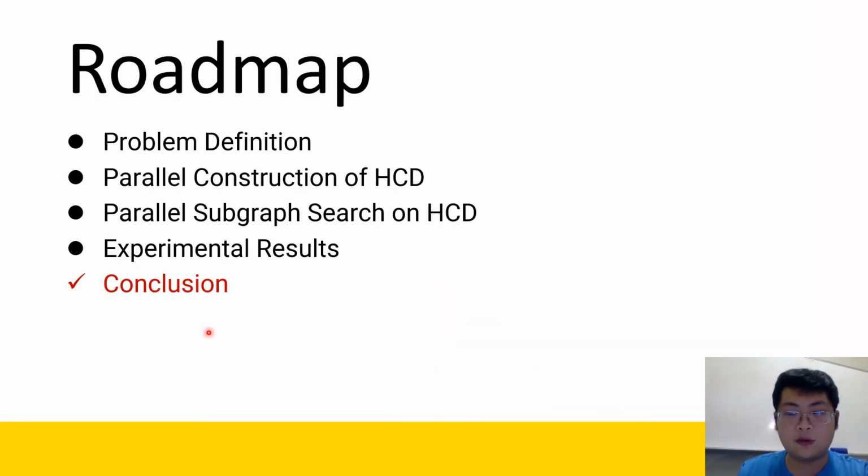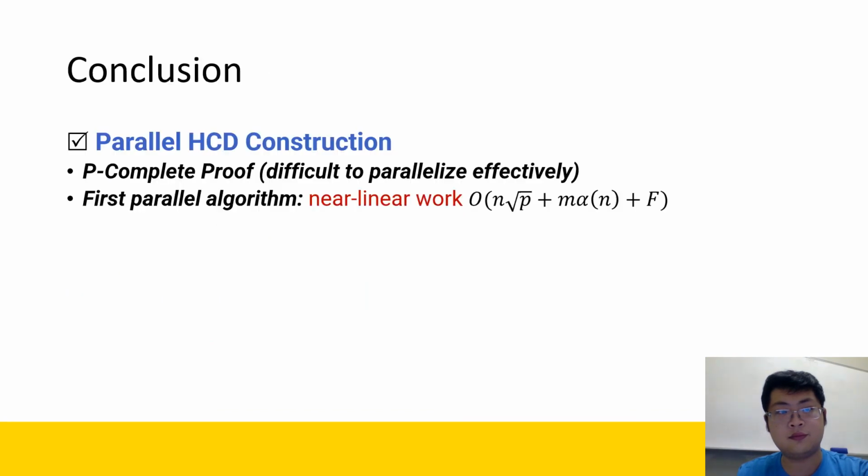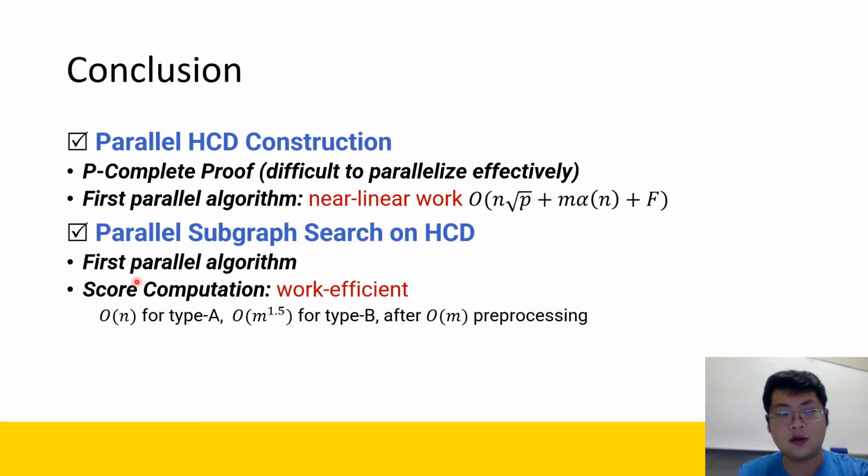Then we come to the conclusion. For parallel HCD construction, we prove that the problem is P-complete, and we designed the first parallel algorithm, which has near linear work. For subgraph search, we designed the first parallel algorithm, and we find that its score computation is work efficient.